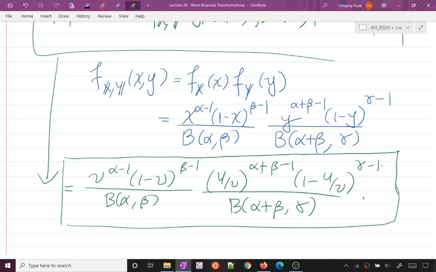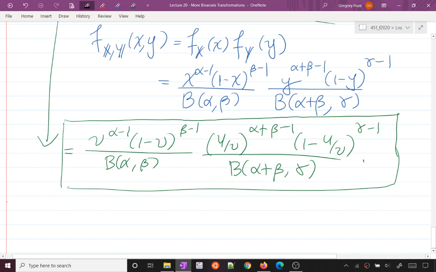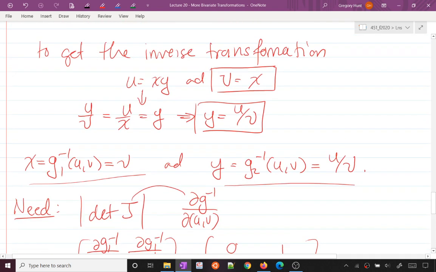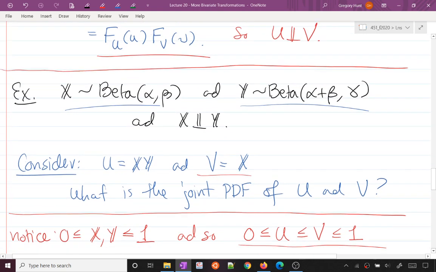You could get the marginal distribution, which is kind of an involved process, but I'll leave that as a non-trivial exercise for you.